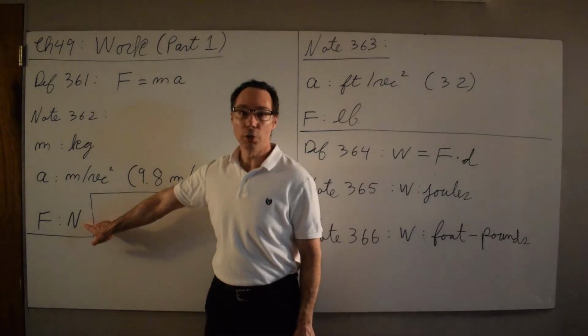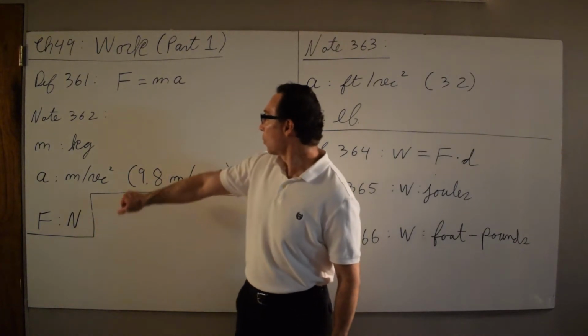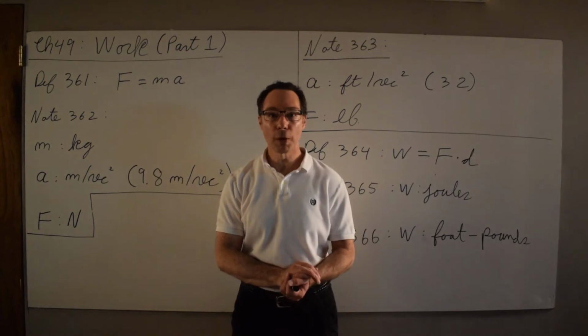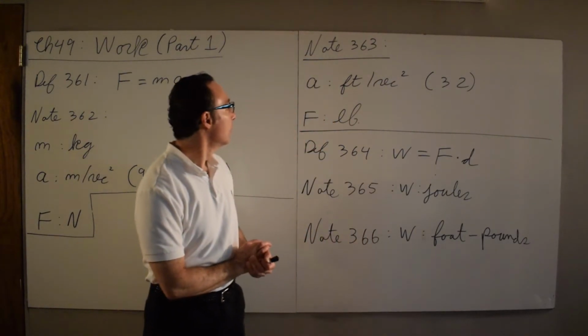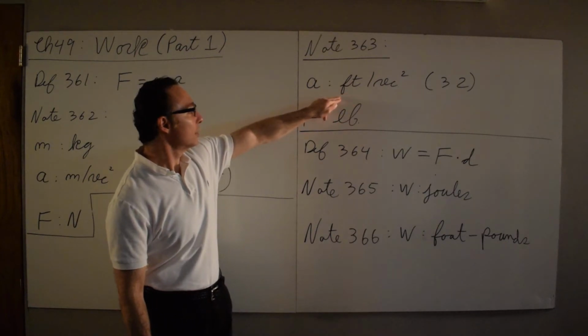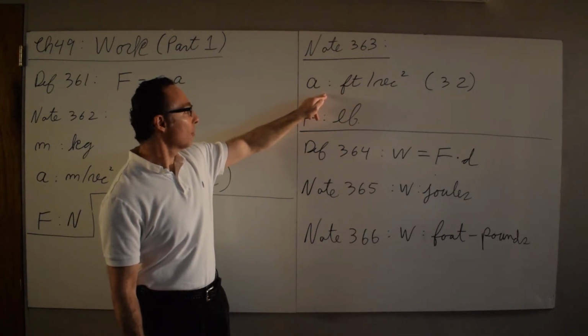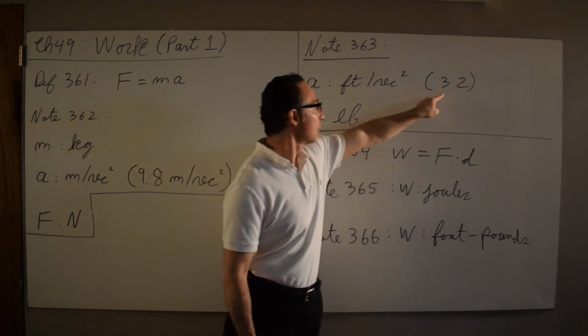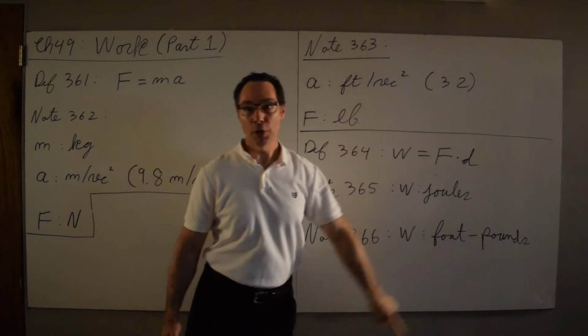Force is measured in newtons. So force is mass times acceleration. In the metric system, force is measured in newtons. In the U.S. customary system, the distance we're using is a foot. Our acceleration is feet per second squared, and that is 32 feet per second squared.